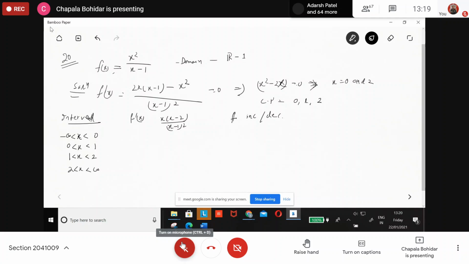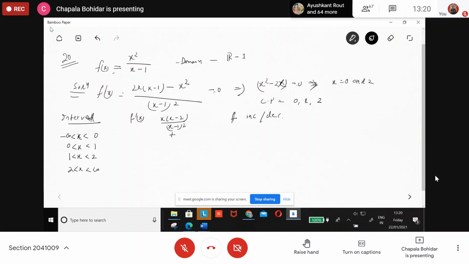Always see that the denominator is positive because it is a square. The numerator, minus 1 into minus 3, taking any value in between, say x equal to minus 1, is a positive value.